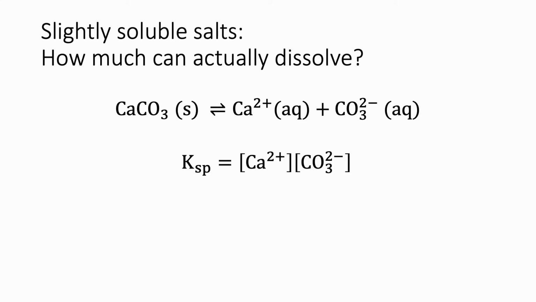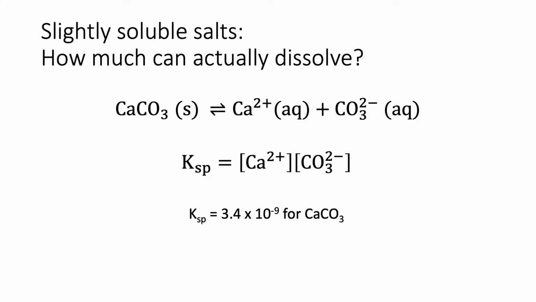And so for this particular quote unquote insoluble compound, calcium carbonate, our KSP is given by calcium ion concentration times carbonate ion concentration, and the KSP is 3.4 times 10 to the minus ninth.